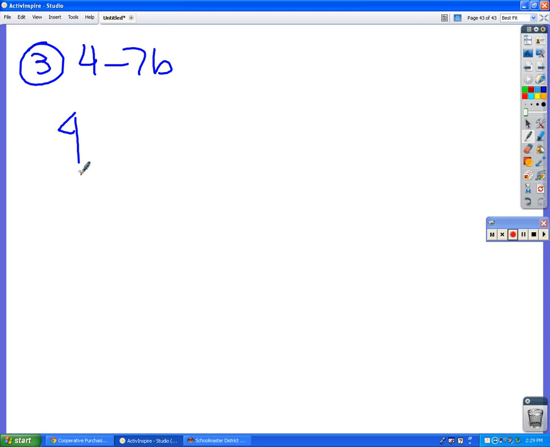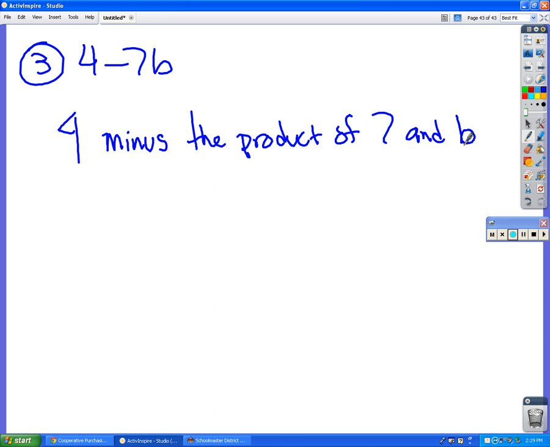Let's use the easiest one we can. Minus. Let's just go 4 minus. What's happening with the 7 and the b? They're multiplying. So what's the way I can call that multiplication? Ben? Good. So 4 minus the product of 7 and b.